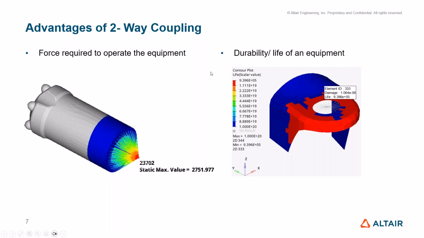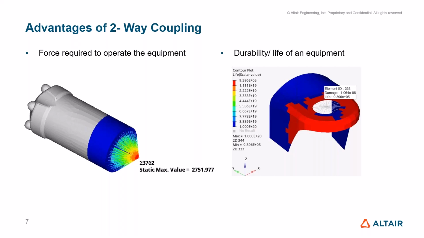And the last, and much more valid and important, advantage is that the life of an equipment can be predicted with time-dependent loads. For example, if you want to perform a life assessment of equipment under bulk material, it was very difficult earlier because we used to perform a unit load case and then assume certain loading cycles to perform the life calculation.